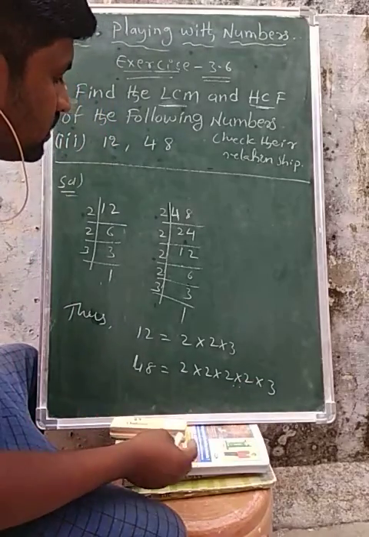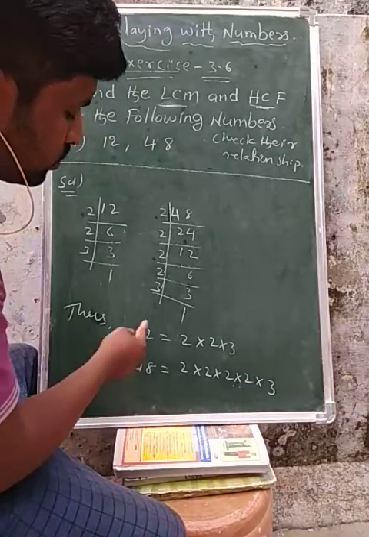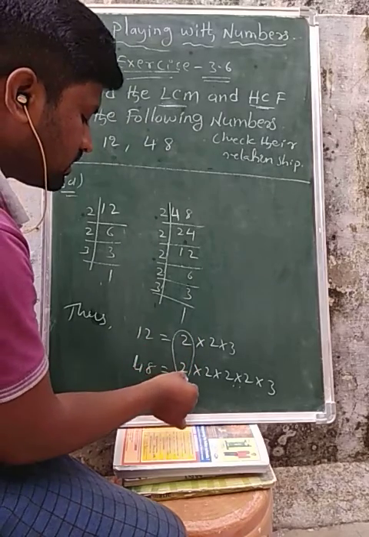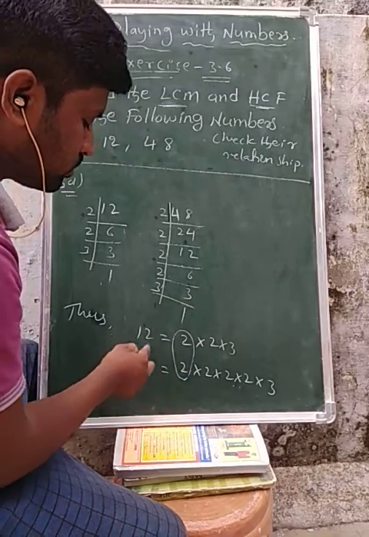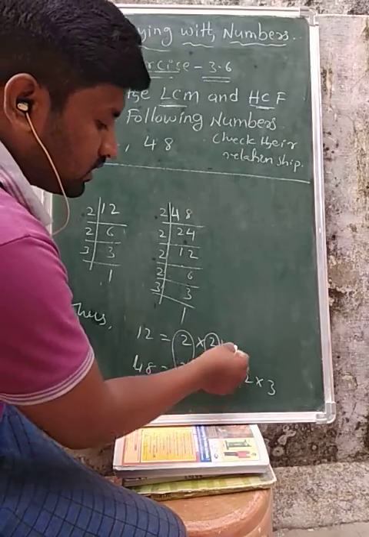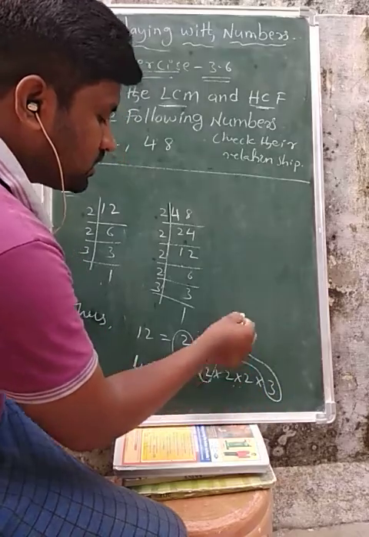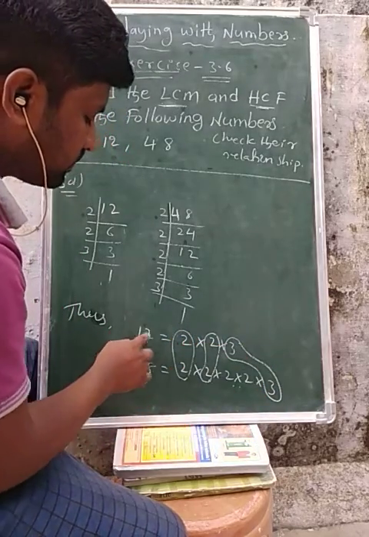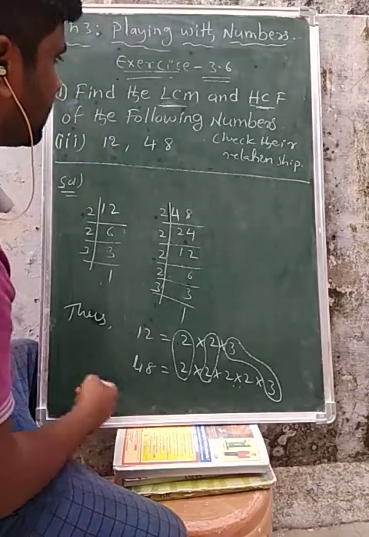Okay, so are there any common factors to both 12 and 48? You just see now. Yes, 2 is a common factor to both, and again 2, and 3 also. Yes, these 2, 2, 3 are the common factors for 12 and 48.